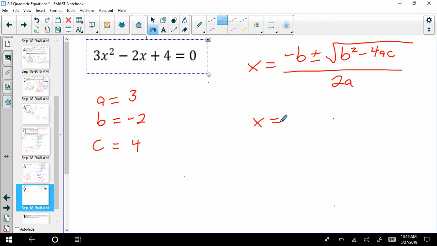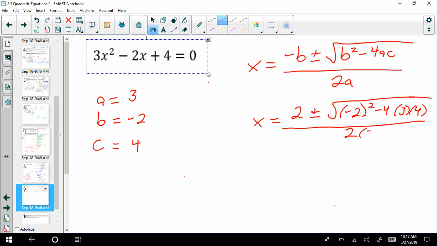So if we substitute in negative b, so b is negative 2, it's going to turn opposite. And then b squared. Okay, so I'm just substituting in for a, b, and c.